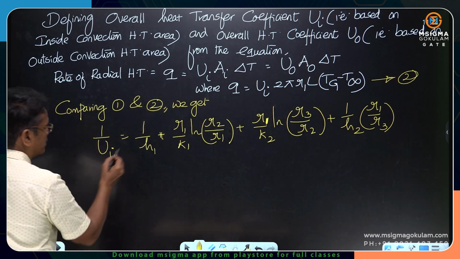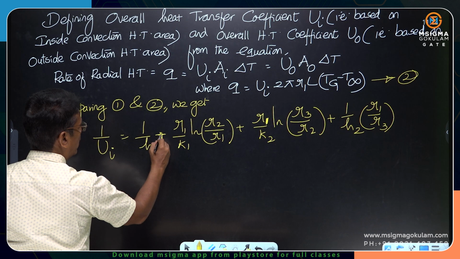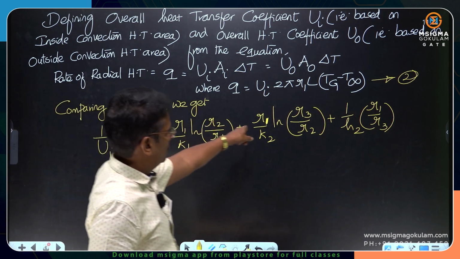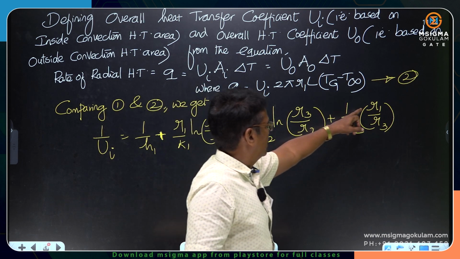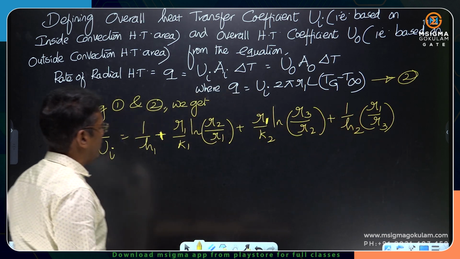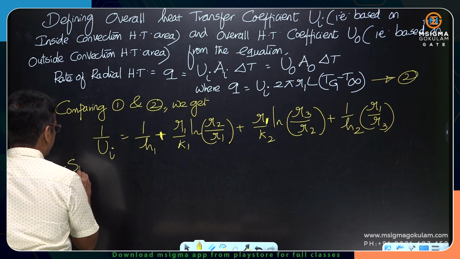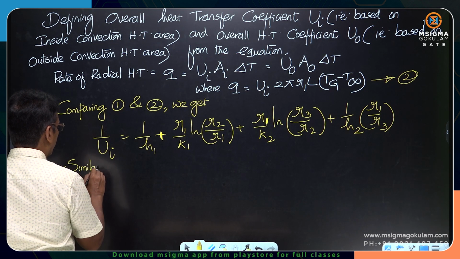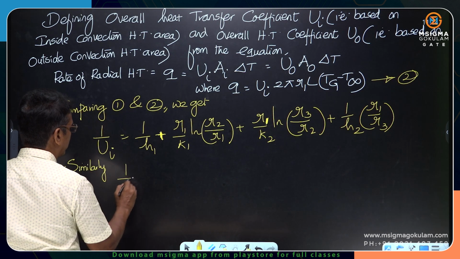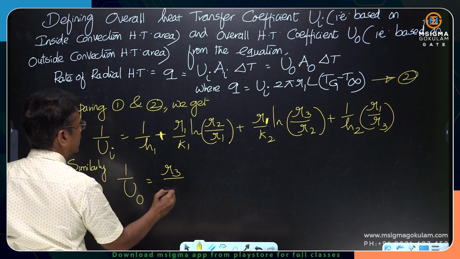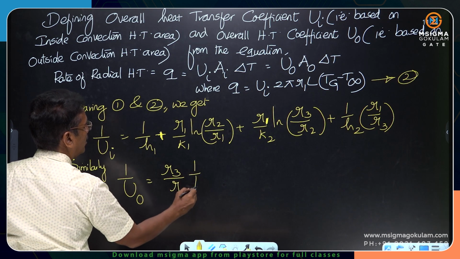Similarly, you just look at this. When you are writing based upon U_I, you are getting R1 in the numerator. When you write based upon the outside convection area, you will get R3 in the numerator.